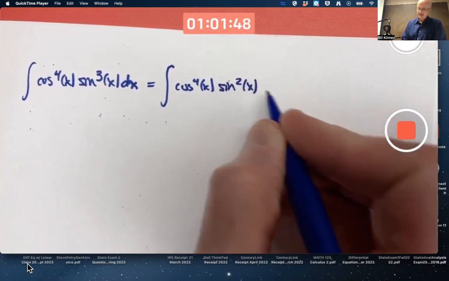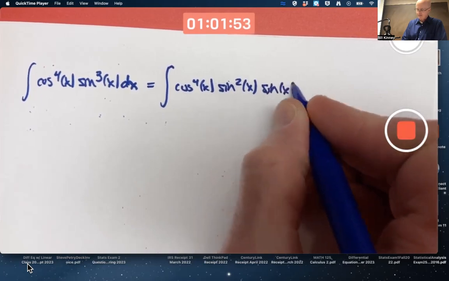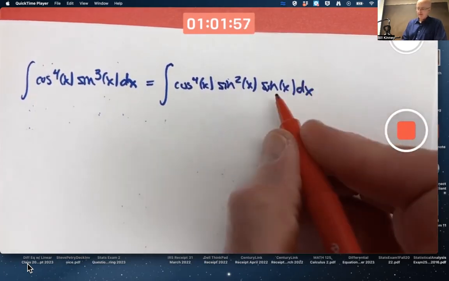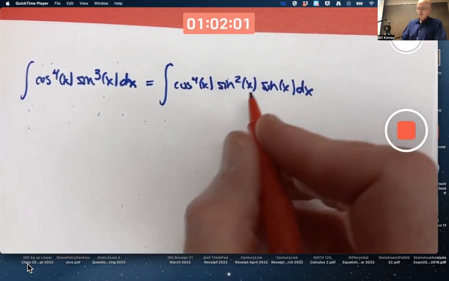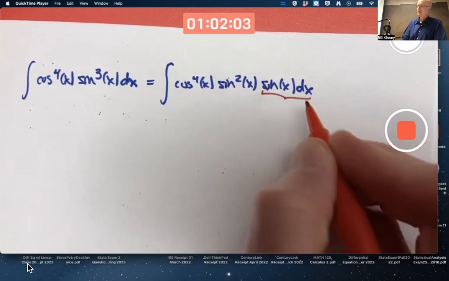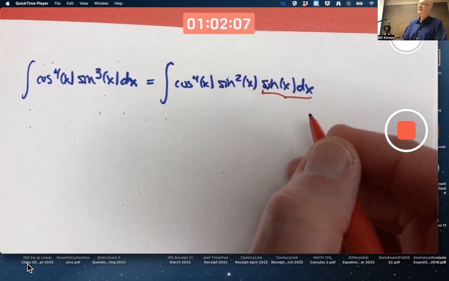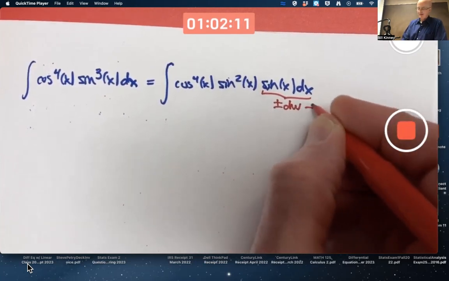Take the one with the odd power, in this case, the sine, and peel off one of those factors. Why'd I do that? Because when you do that, whatever's here, you want to be either dw or minus dw. I'll write it as plus or minus dw. That's what I want.